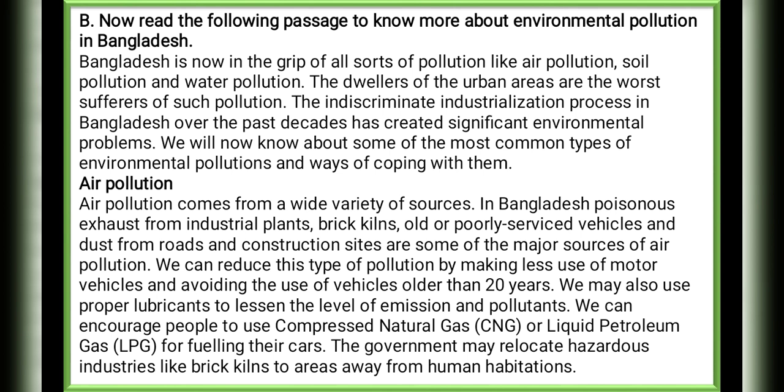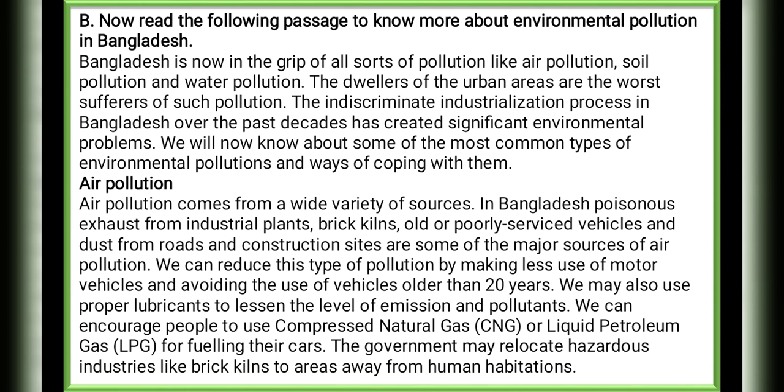These are the most common sites, and whenever we find any construction of a road or building, we can see a lot of smoke or dust around this area. So in this way we are polluting our environment or air.